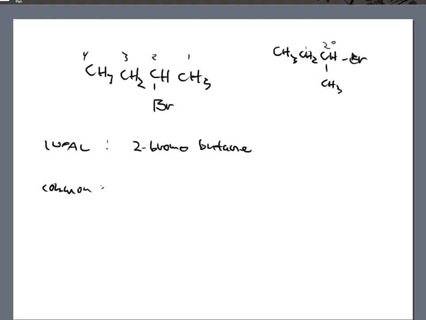This secondary carbon has a carbon to the left and a carbon down below, so it's connected to two others, which is why it's a secondary carbon. So we can call this sec-butyl. This is a sec-butyl group. And what is it a sec-butyl of? It's a sec-butyl bromide. So there's the IUPAC, and there's the common name for that structure.